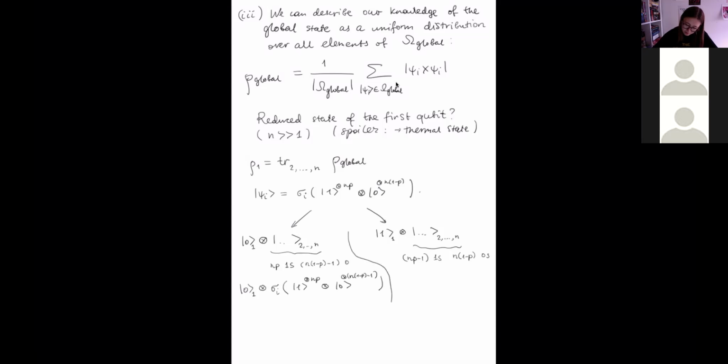And here it's kind of the same, so we can write it out as 1 on system 1 and all possible permutations on the state which has np minus 1 ones and n(1 minus p) zeros.